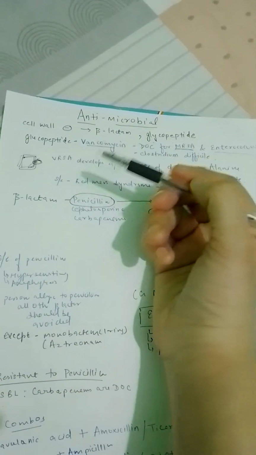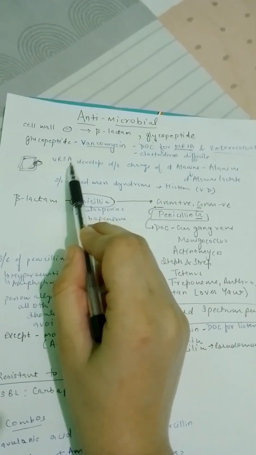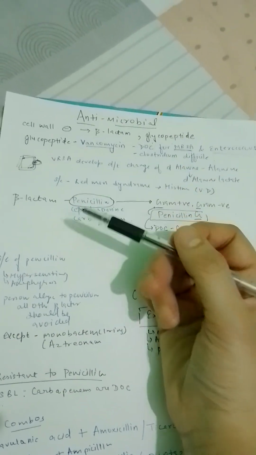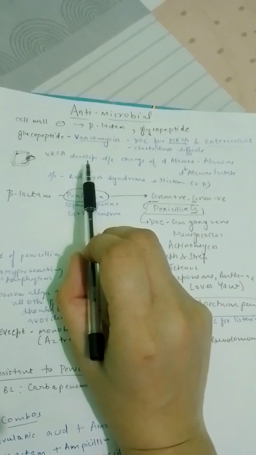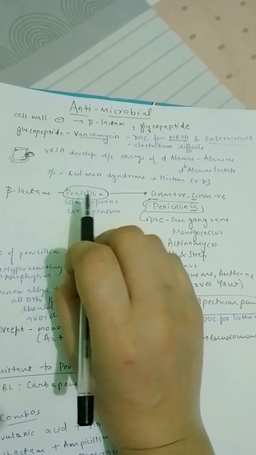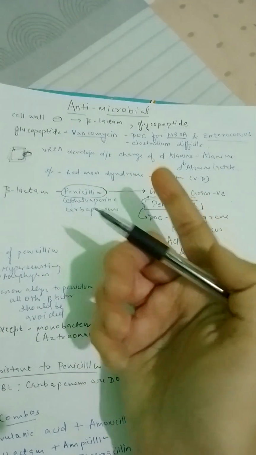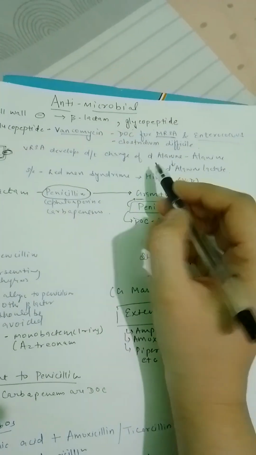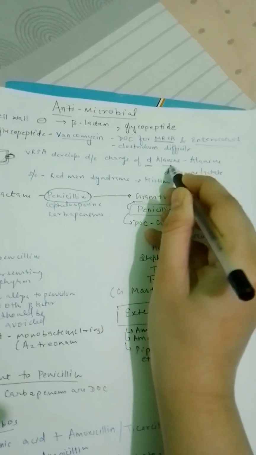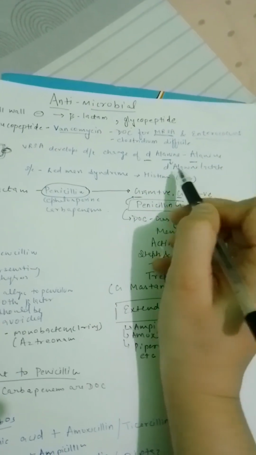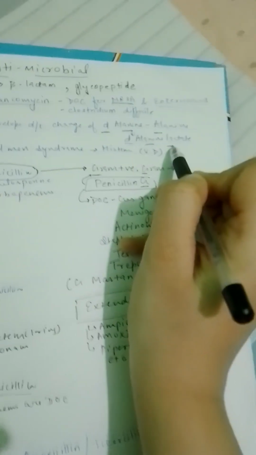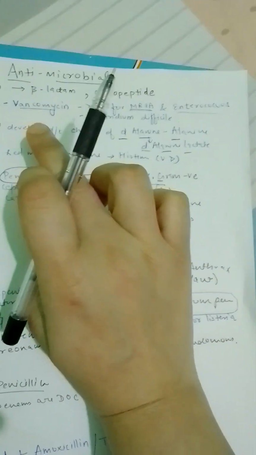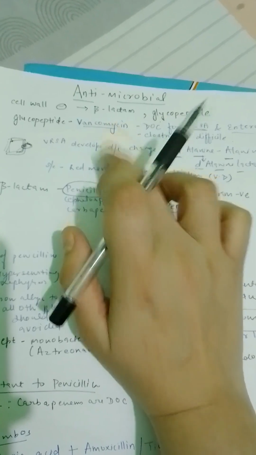For that vancomycin resistant staph aureus, we will see how it happens. There is a change in the biochemistry. In vancomycin resistance, the d-alanine gets converted into d-alanine lactate, and that's how this chemistry is changed, and that's how the bacteria is able to resist vancomycin also.